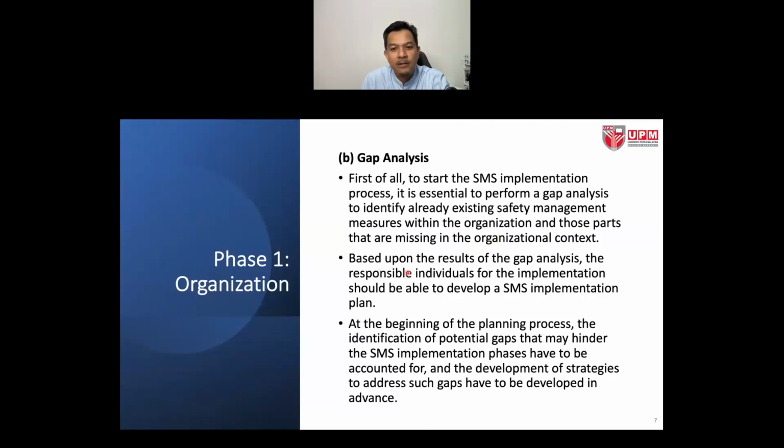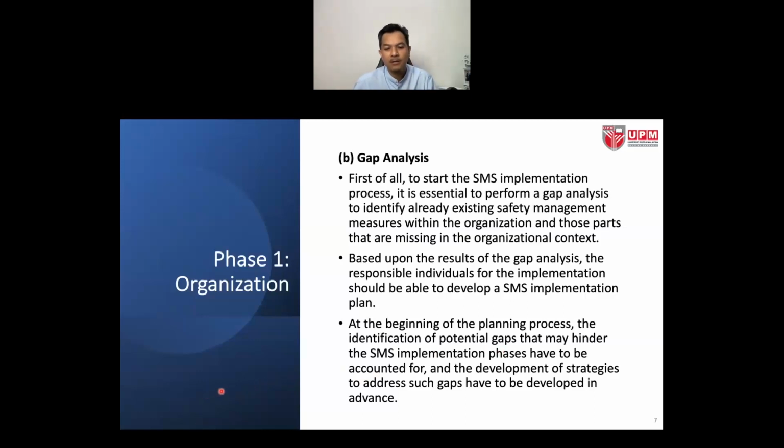And based upon the results of the gap analysis, the responsible individuals for the implementation should be able to develop an SMS implementation plan. So at the beginning of the planning process, the identification of the potential gaps that may hinder the SMS implementation phases has to be accounted for.